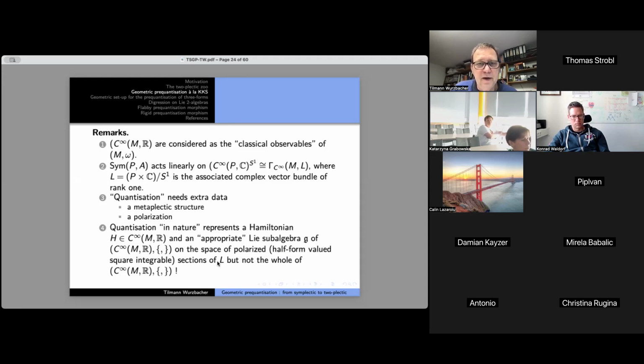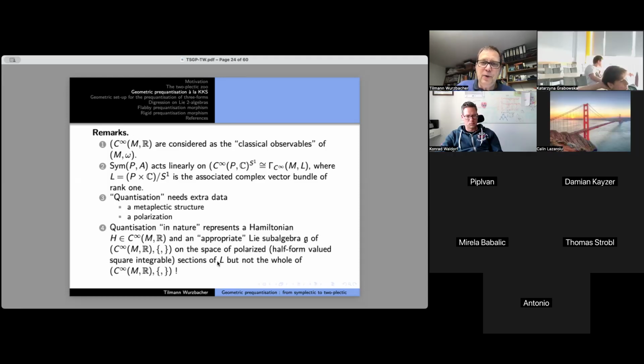In fact, it's a complex line bundle. And the C-infinity sections of this line bundle are, by standard isomorphism, the same thing as maps from the total space P to C which are invariant with respect to S1, where S1 acts on P from the right as a principal action, and on C it acts from the right and from the left. It's an Abelian group, just by the representation.